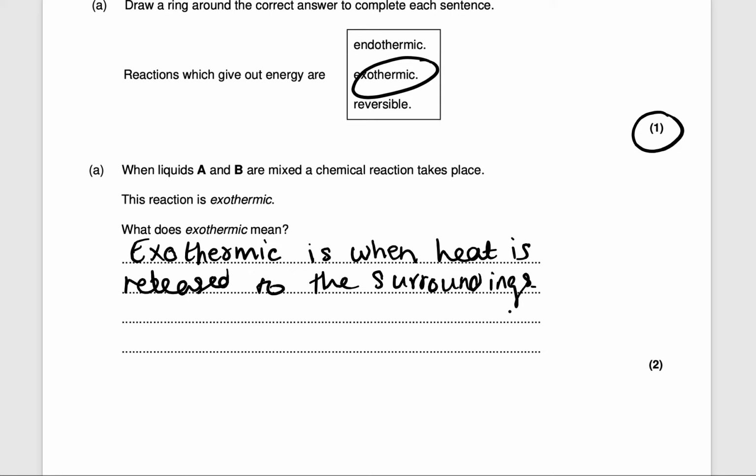And what happens if this is released to the surroundings? Well, there will be an increase in temperature. Okay, and that will get you 2 marks.